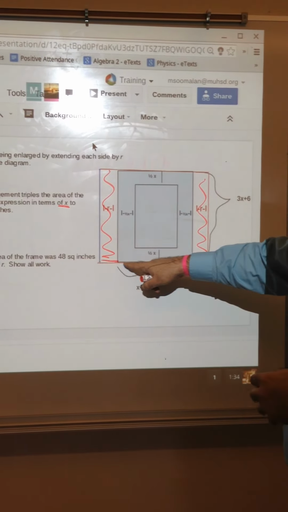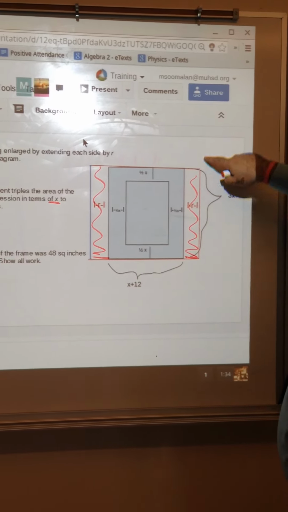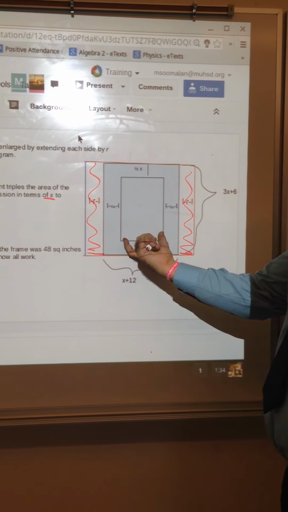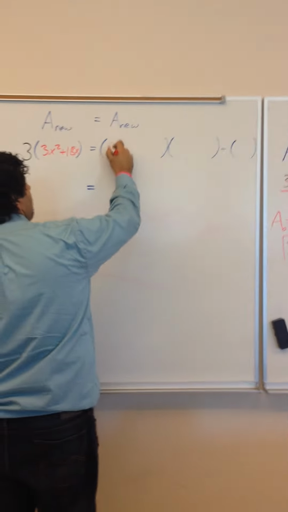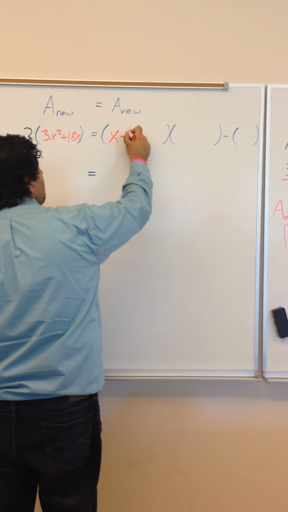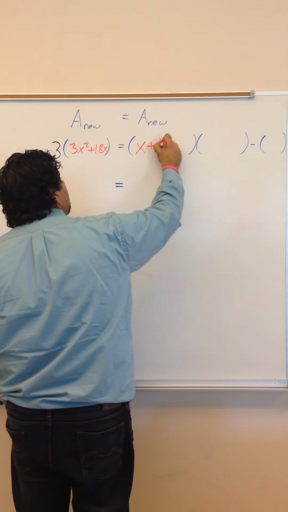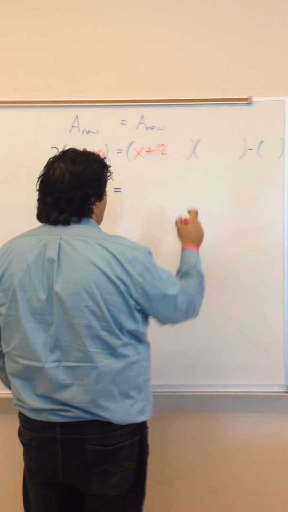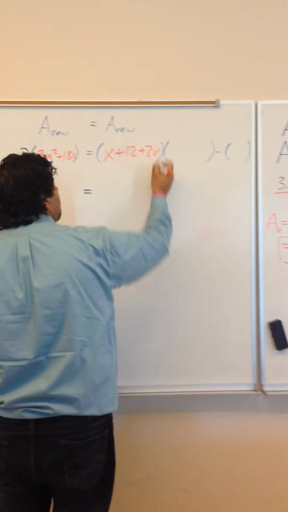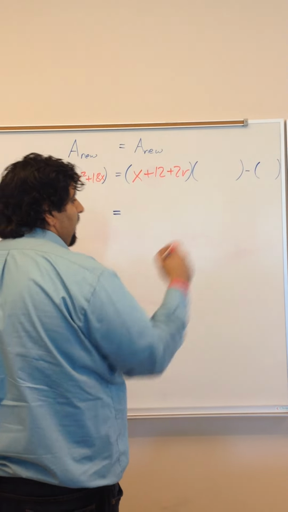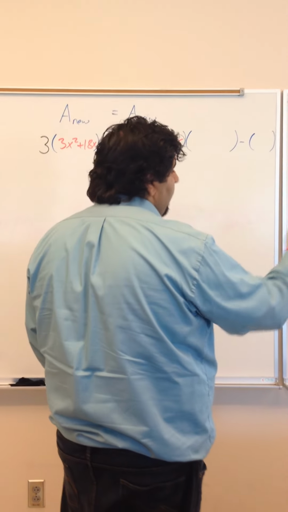That will be your new length, and you have the same width, and you would again take out the picture area. So our new length is x plus 12 plus 2r, and we're going to multiply this by the width of the figure, which we talked about was 3x plus 6.